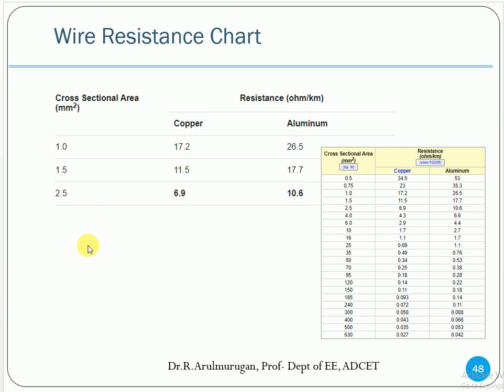For example, with 10 square mm the resistance is negligible, so the opposition to the flow of current is negligible. Comparing aluminum and copper, copper has less resistance. Like that, these are general things.